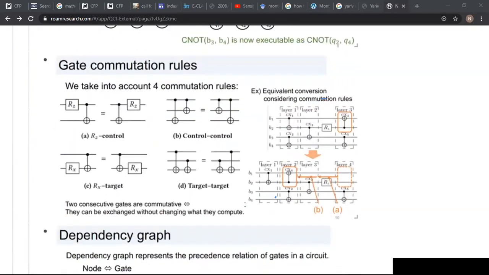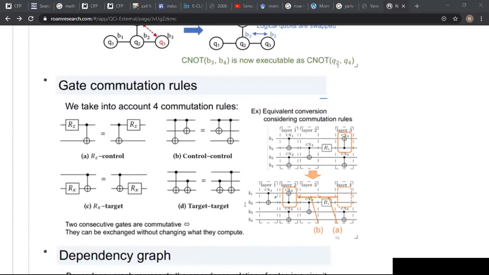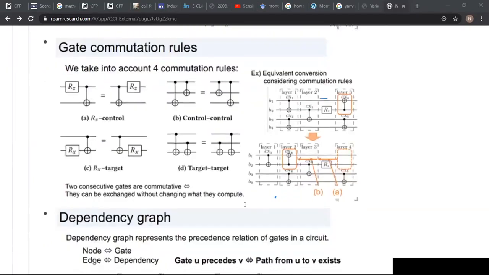Then we saw the commutation rules, which help a lot when performing optimization, because with this you can reduce the number of gate counts. When you reduce the number of gate counts, you increase the fidelity of your state, which means you have less noise interference in your quantum chip, and you get the best results possible.